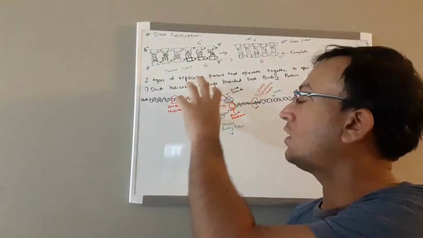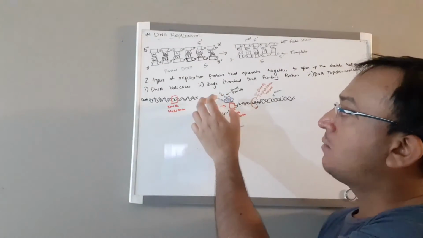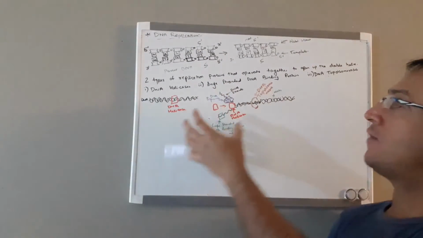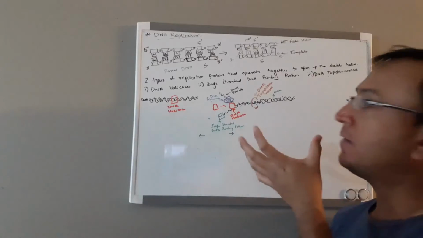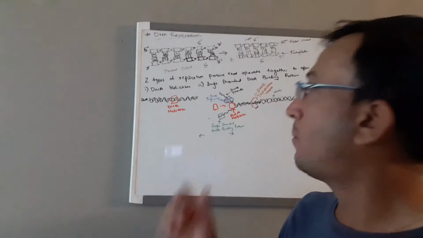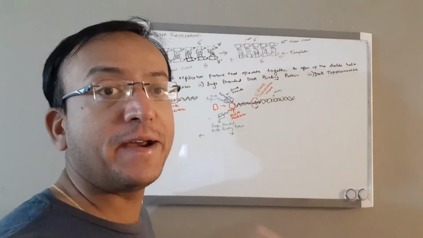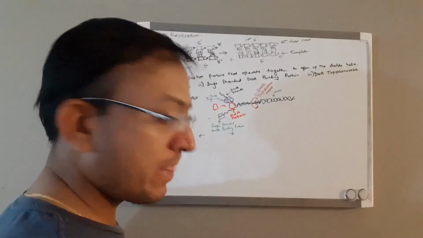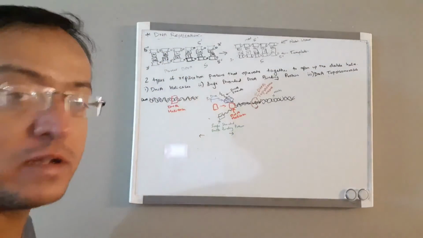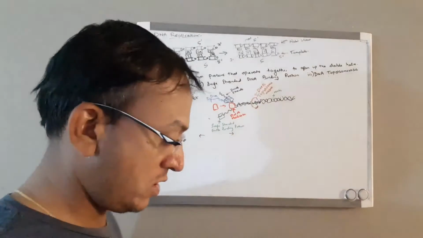So in order to hold this DNA polymerase to the template strand for this long DNA, we have one more protein, an accessory protein. It is called a sliding clamp, and it's called PCNA in eukaryotes.